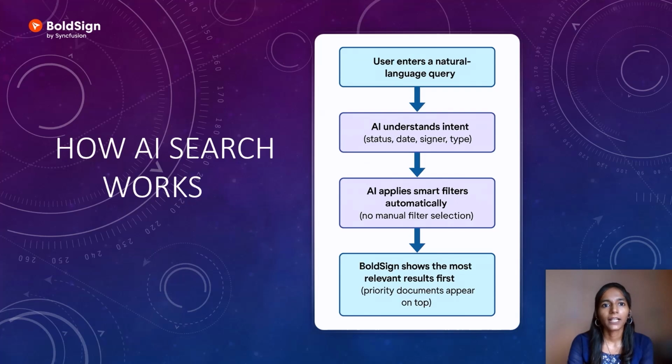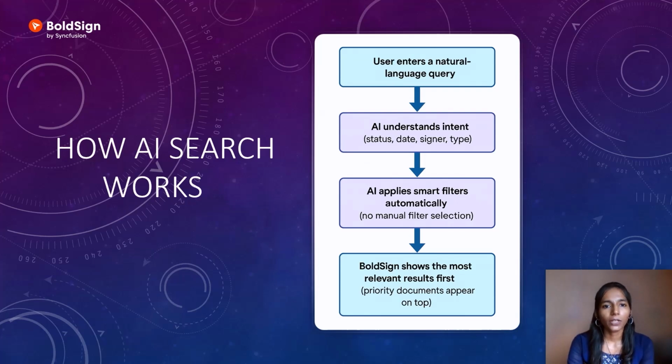So now, let's briefly understand how AI search works. When you type a sentence, BoldSign focuses on understanding the meaning behind your request. For example, if you say something like documents waiting for my signature, BoldSign's AI search understands that you are looking for documents where your signature is pending. If you mention a time period such as last week, it recognizes the time range.